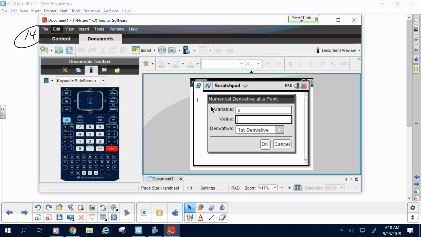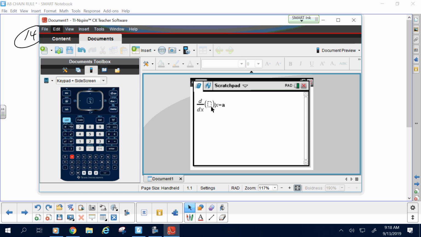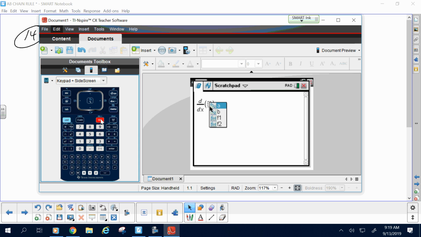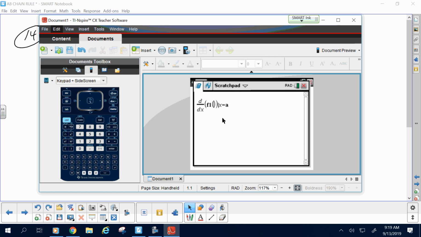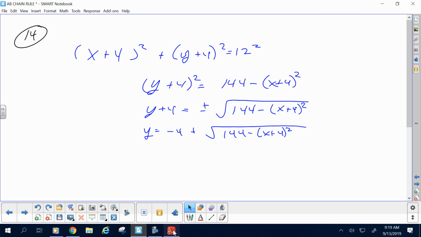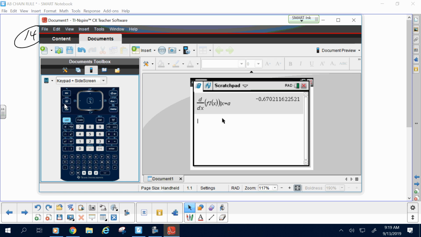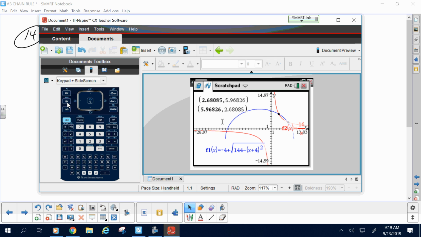I called it A. Then I have two graphs stored in there, the semicircle and the 16 over x. F1 was the semicircle. So the slope of the circle at that point is negative 0.67.